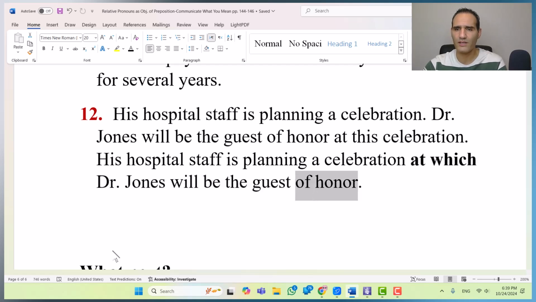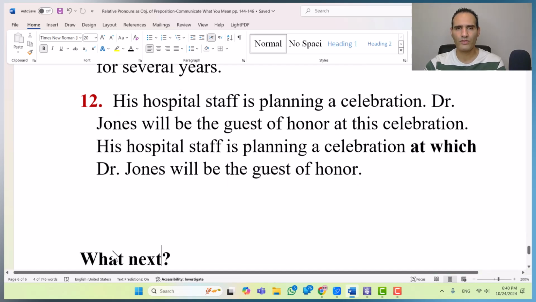And guest of honor is the person for whom you plan a party, most of the time a birthday party. So the person for whom, you see, relative pronoun preceded by a preposition. The person for whom a celebration is given is called guest of honor.